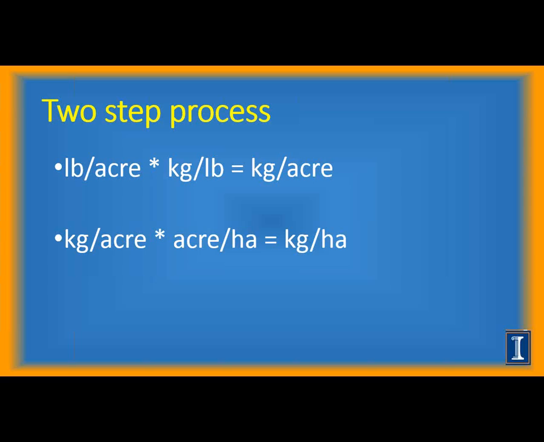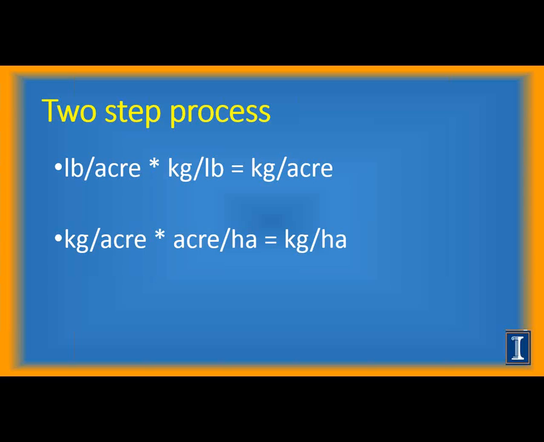So in this case, if you're going from pounds per acre all the way to kilograms per hectare, you've got to have a relationship of the two measurements of mass in order to basically remove those terms from the original factor till we get to the last factor.